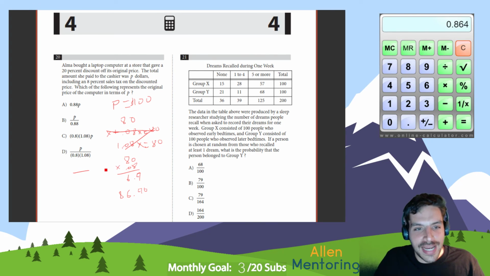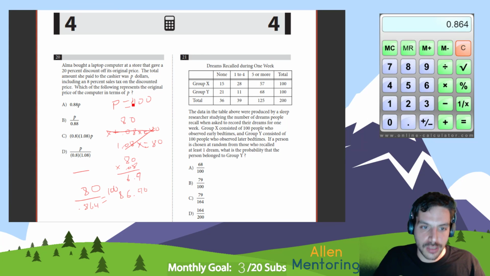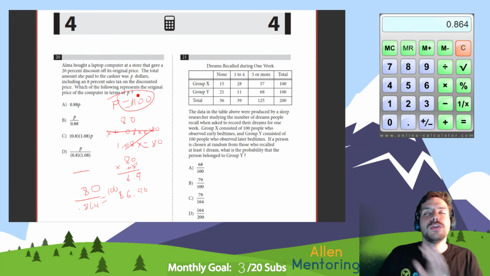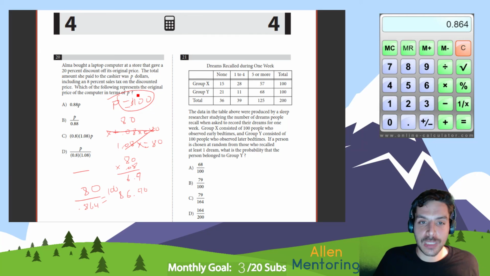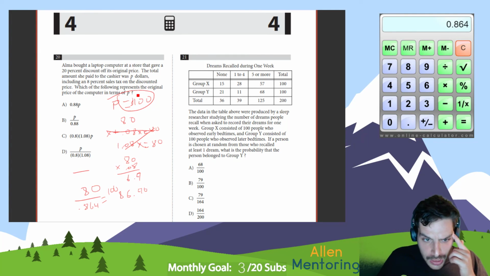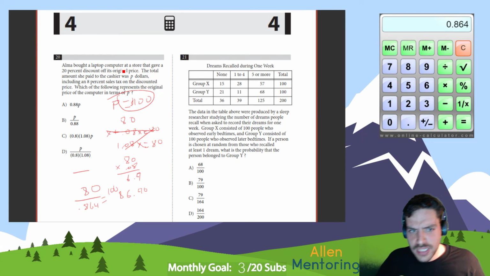If you did 80 over 0.864, that will get you back to the original 100, which we started with. And you could have used any number and it would have worked out the same exact way. Okay, so this was a little tricky, but I'm sorry I led you the wrong way. The wording of this problem was actually slightly weird, backwards.